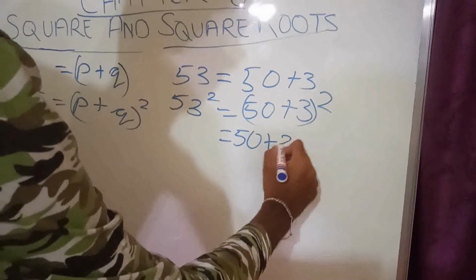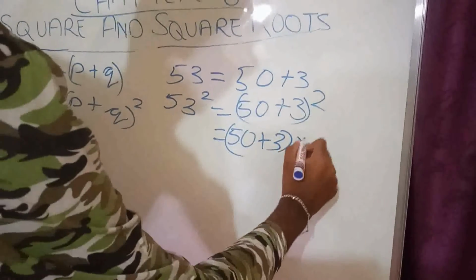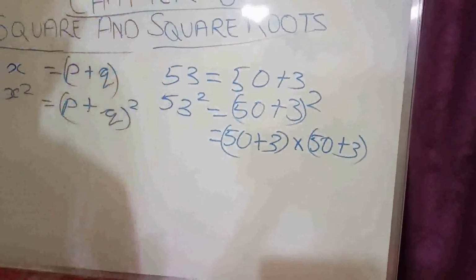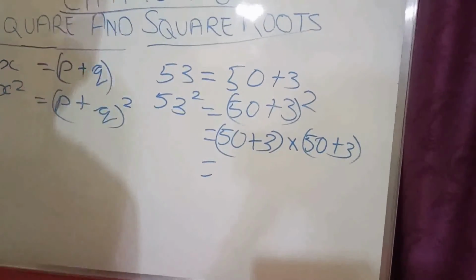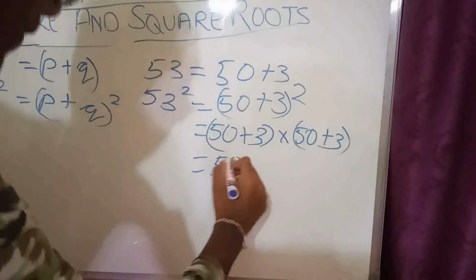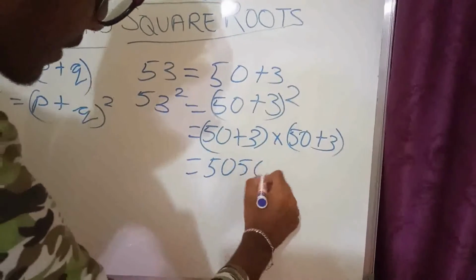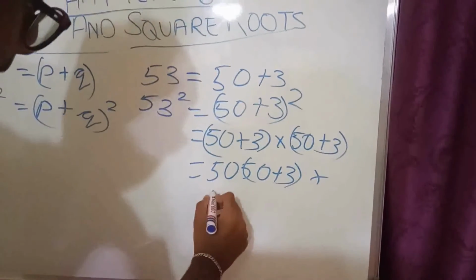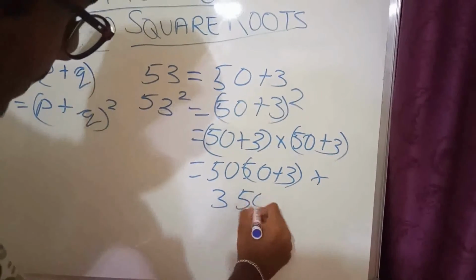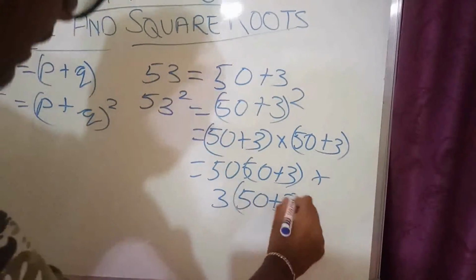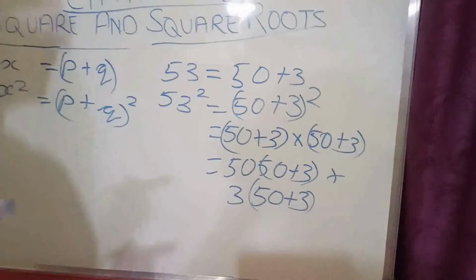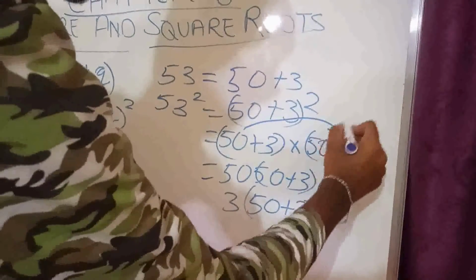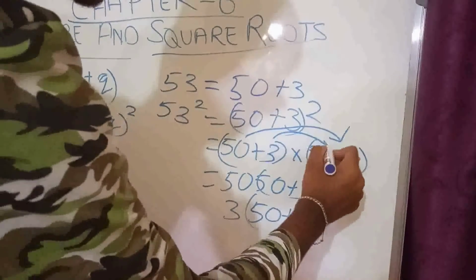So it will be 50 plus 3 into 50 plus 3. Then we can do 50 into 50 plus 3 plus 3 into 50 plus 3. We are using last year's linear equations problems, like we multiply this with these two and then this with these two.